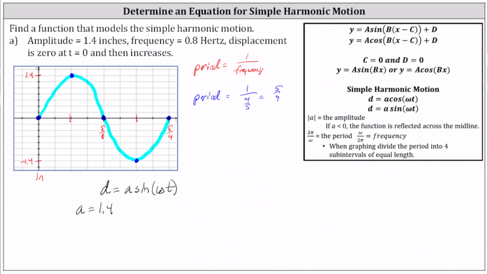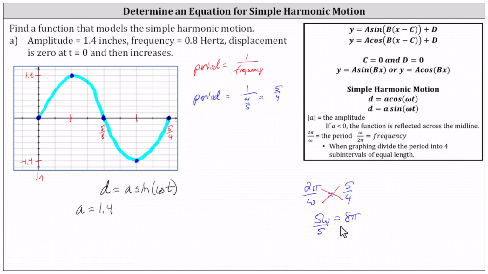2 pi divided by omega equals the period, which we now know is equal to 5/4, which means 2 pi divided by omega is equal to 5/4. Let's go ahead and cross multiply. 5 times omega must equal 2 pi times 4, which gives us 5 omega is equal to 8 pi.